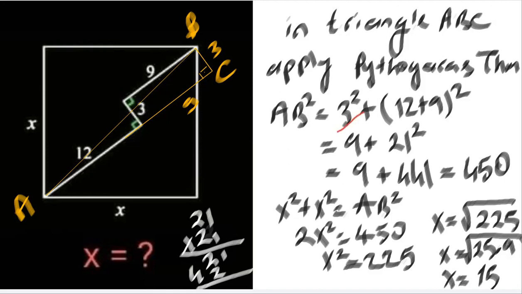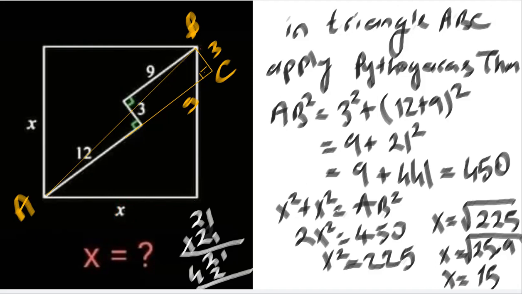AB squared equals 3 squared plus 12 plus 9 squared, which is 21 squared. And 3 squared is 9, 21 squared is 441, together 450. So this is AB squared. So if we call this x, it's already given as x.